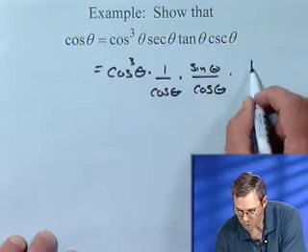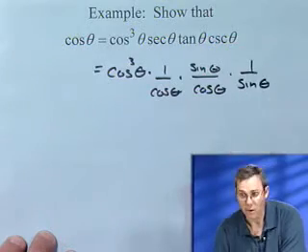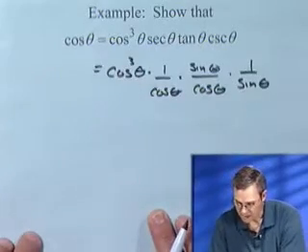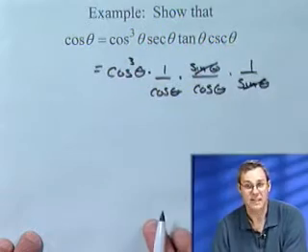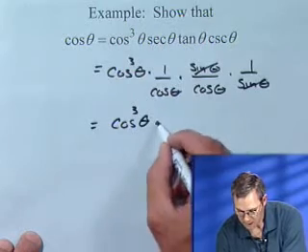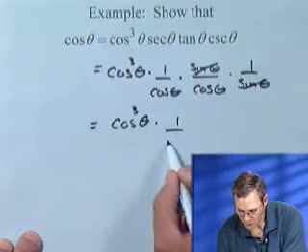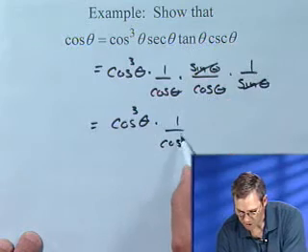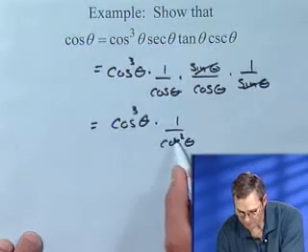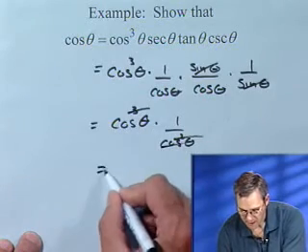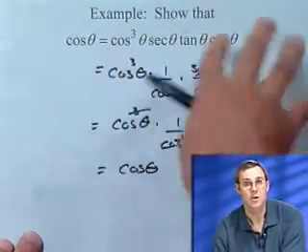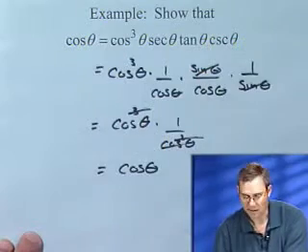And cosecant is equal to 1 over sine. Now, we know where we're heading. We want this to look like cosine. So the sines can cancel. I've got cosine cubed times 1 over cosine times 1 over cosine, which is 1 over cosine squared. So I can cancel 2 cosines with 2 of them up here, and I get cosine.